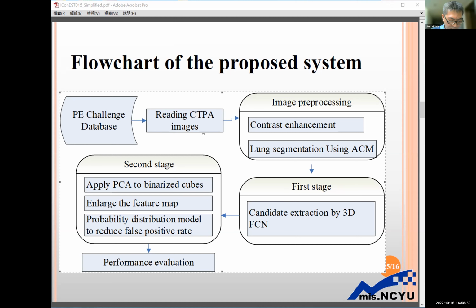The system then pre-processes the entire image and executes the modified two-stage CNN. So there are two stages. Finally, the performance of the system was evaluated against other PE detection methods.